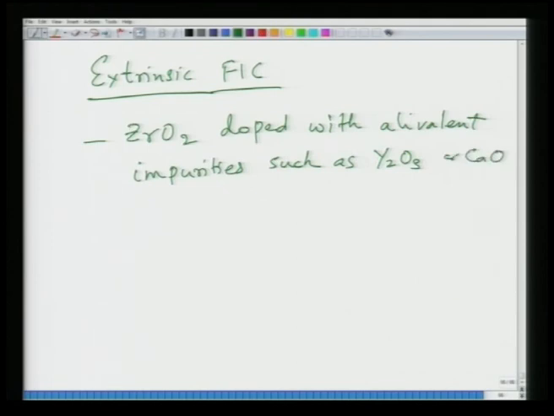And here what the doping does is create defects in the form of oxygen vacancies. Moreover, the zirconium oxide structure is based on the fluorite structure, which is an open structure. If you go back to the structure module, you will recall that.